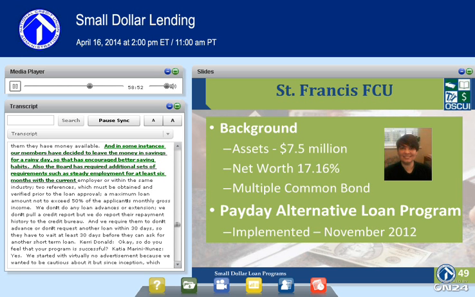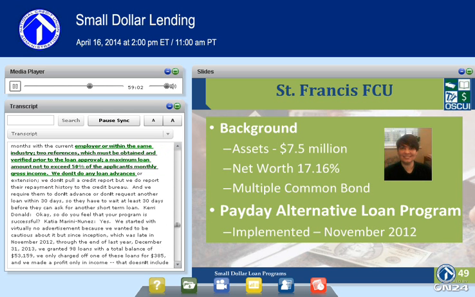Also, the board has required additional requirements such as steady employment for at least 6 months with the current employer or within the same industry, 2 references which must be obtained and verified prior to loan approval, and a maximum loan amount not to exceed 50% of the applicant's monthly gross income.